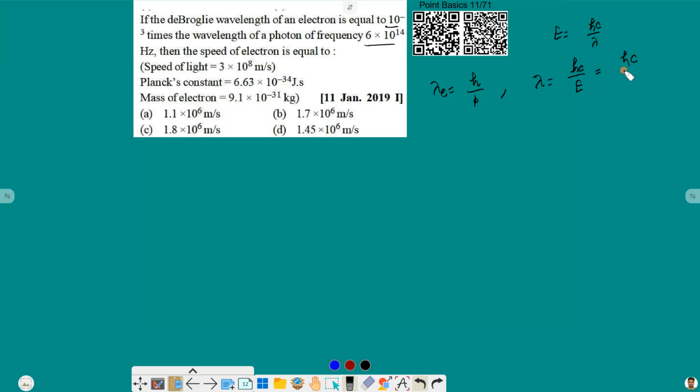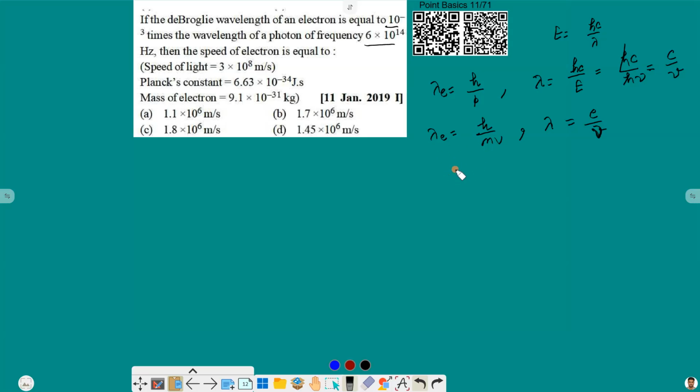So hc by energy can be written as h times frequency, so basically the relation is c by frequency. The ratio is given, then the speed we have to find out. So lambda for the electron can be written as h by mv, and lambda for the photon is c by nu, where nu is the frequency of the photon.